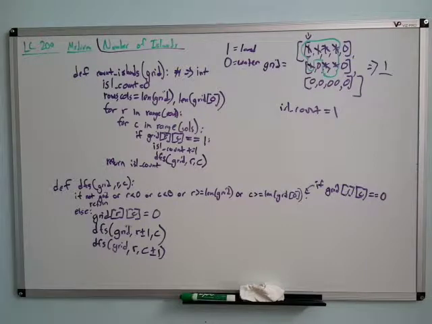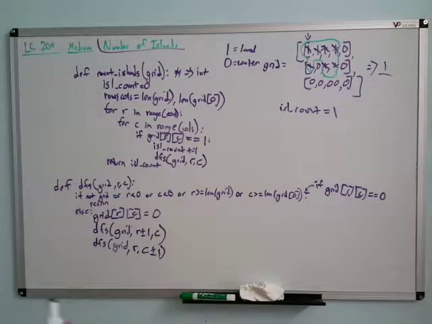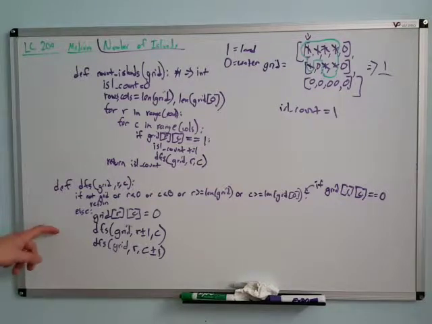Similar runtime, but at added space, right? Because you would have to store those rows and columns in a set. But in that case, you wouldn't be modifying the input array, which is what they might want. So that's another working solution. You just have to modify a little bit of this code.